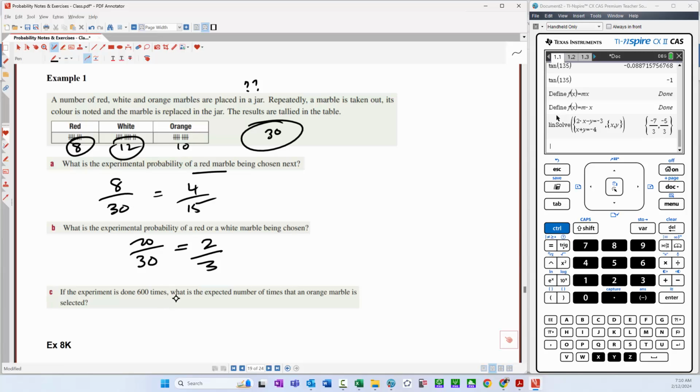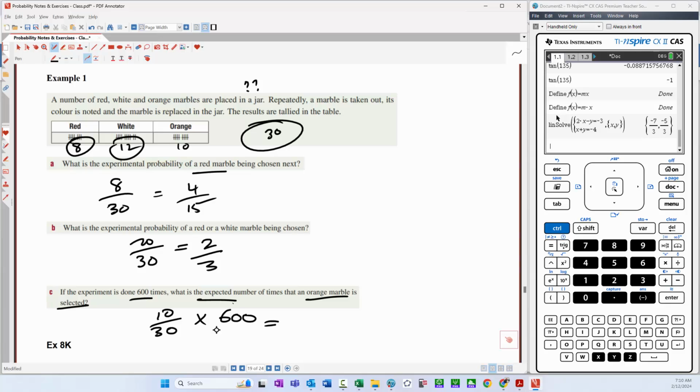All right, if the experiment is done 600 times, what is the expected number? Note that it's not what is the number of times, it's the expected number of times an orange marble is selected. So there's 10 marbles that are orange out of 30. So we're going to say it's this probability of selecting an orange marble multiplied by the number of times the experiment has run.